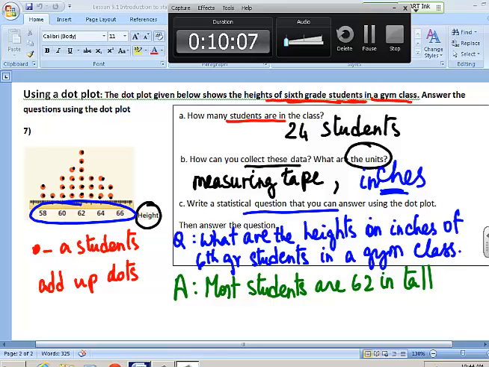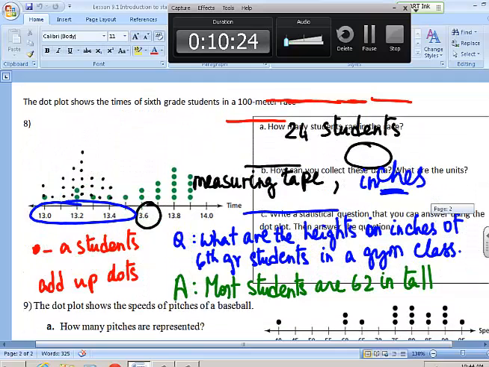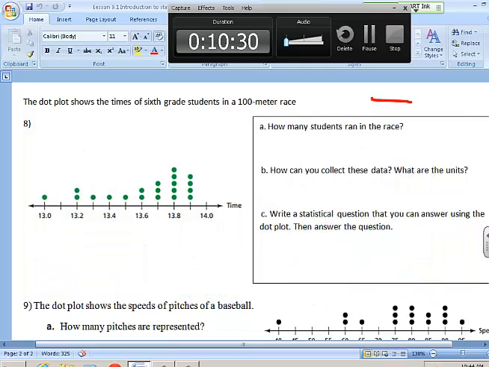So there are different ways in which you can write this. So that's what I'm going to write, that most students are 62 inches tall. Okay? All right. I want you to go ahead, take a look at the other two, finish them just like what I showed you. Look at the data, think and write, and I'll see you next class.